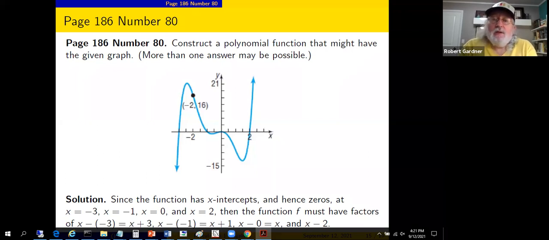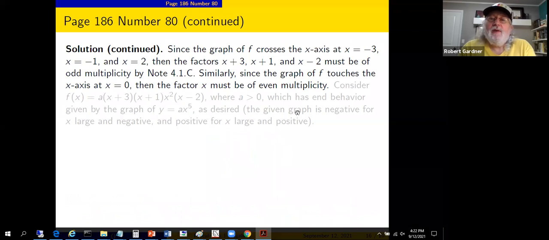But sometimes it crosses the x-axis, and one time it touches the x-axis. So that's going to determine even and oddness of the exponents on these 4 factors. It crosses the x-axis at -3, -1, and 2, as observed.